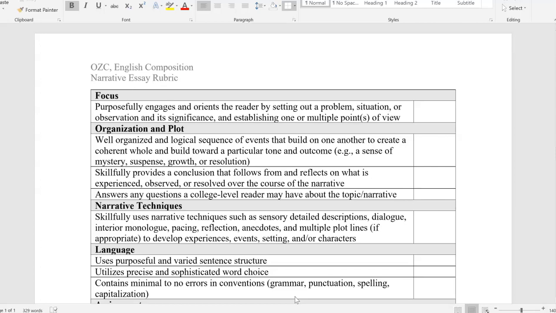And I'll just tell you that rubrics can appear in a variety of ways. For example, many rubrics will have all these boxes and levels of completion. And I used to use rubrics like that, but it's time consuming and it's not terribly helpful.